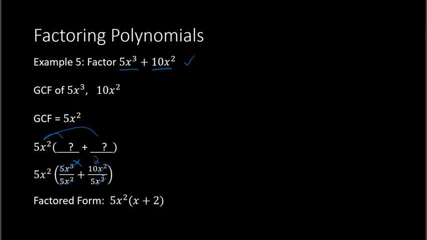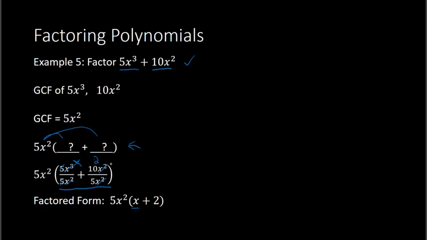Now personally, when I think through this, I don't usually use this step right here. I can just think in my head right at this point, 5x squared times what would give me 5x cubed? Well, the only thing different is this 5x cubed has one more x. So 5x squared times the x would give me 5x cubed.